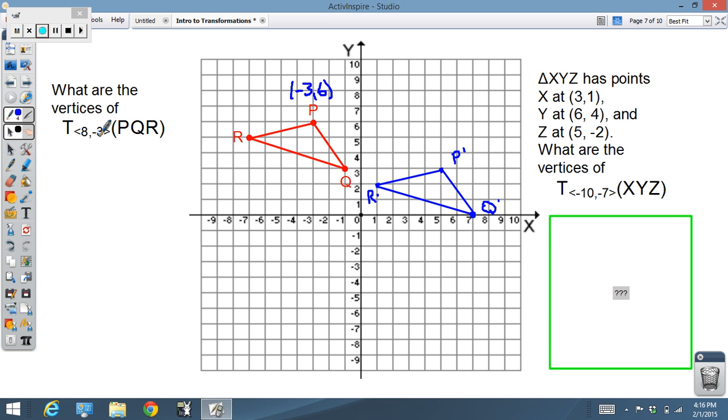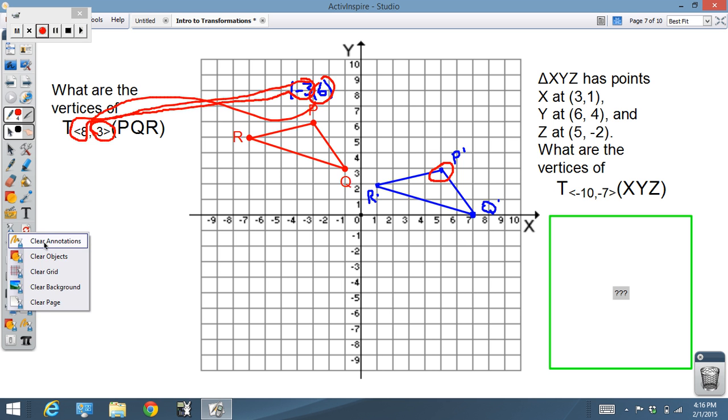And I could say take 3 from 6 and I get 3. So just by combining the x-coordinate with the rule on the x-coordinate side and the y-coordinate with the rule on the y-coordinate side, we can find the coordinates of our image. Make sense? Okay, let me clear those annotations off.